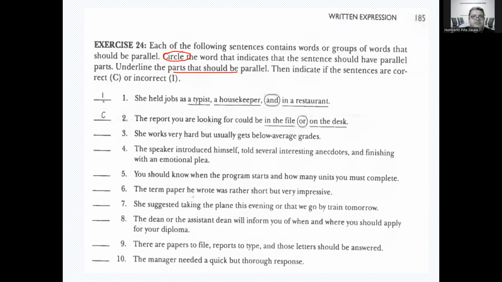This is incorrect because here you have two occupations and one place. So it should be, what job did she get? Typist, housekeeper, or a waitress. The report you're looking for would be in the file or on the desk. This is correct. We have preposition, noun, preposition, noun. Okay, so 3 minutes.